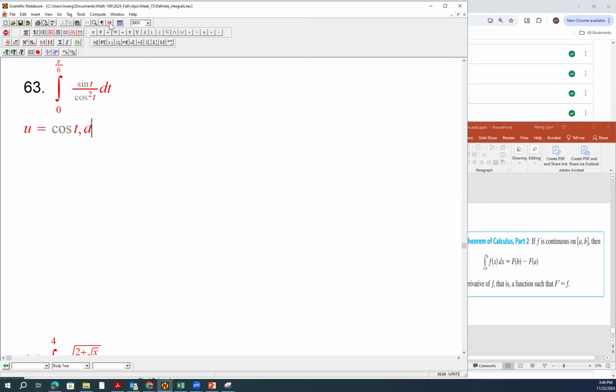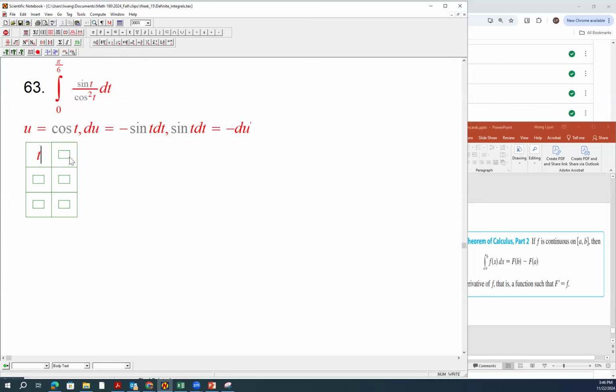Then du equals negative sine t dt. We have sine t dt, so sine t dt equals negative du.